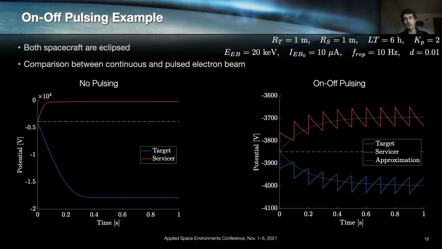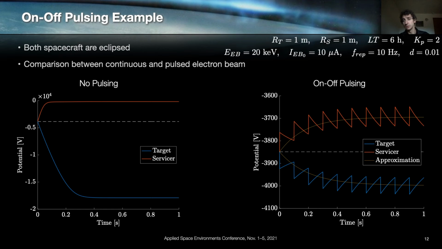Both the target and the servicer start at their natural potential, and once you turn on the electron beam, the potential of the target object decreases quickly down from negative about 4,000 volts down to negative 18,000 volts. And the potential of your servicing spacecraft increases a little bit.